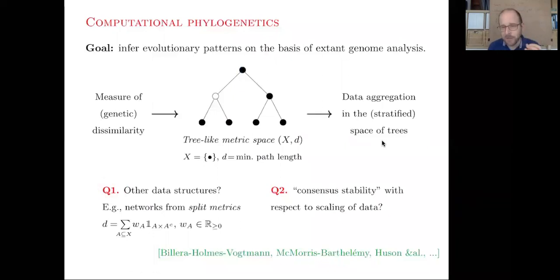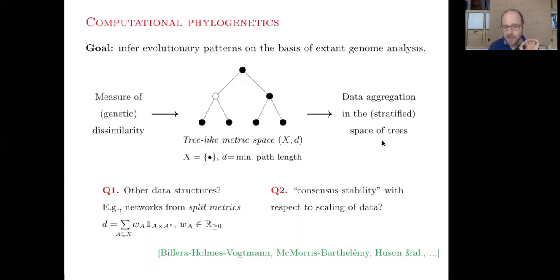It turns out that the kind of measurements that biologists do, the data that we have, are not naturally in this tree form. Okay, the metric spaces that we have are not naturally trees.